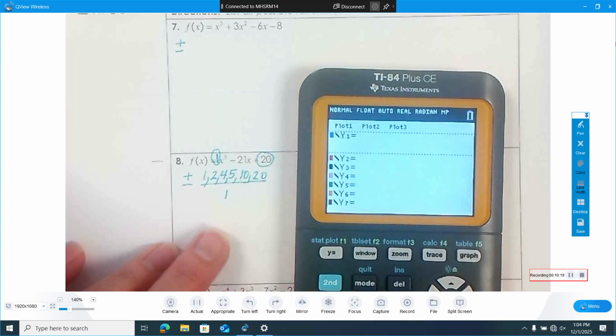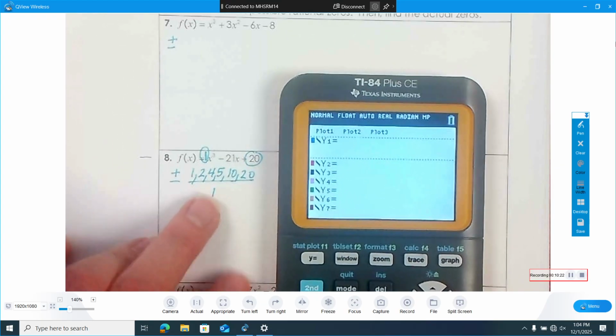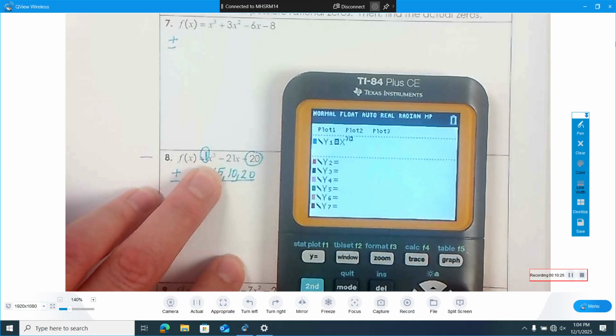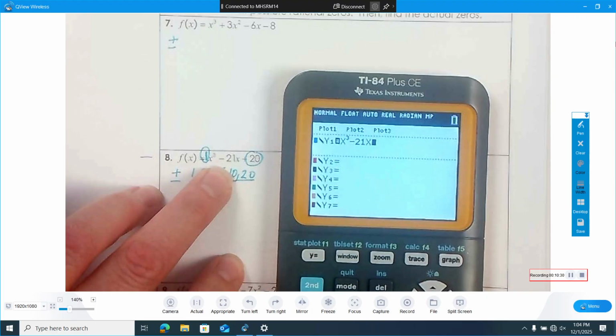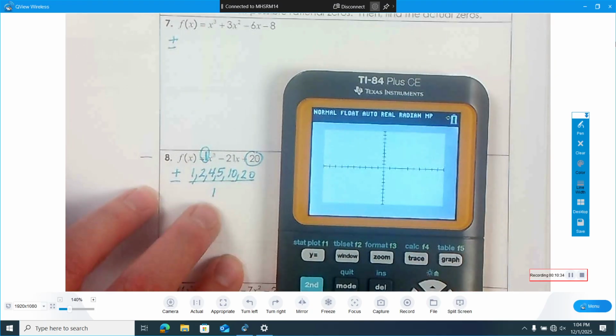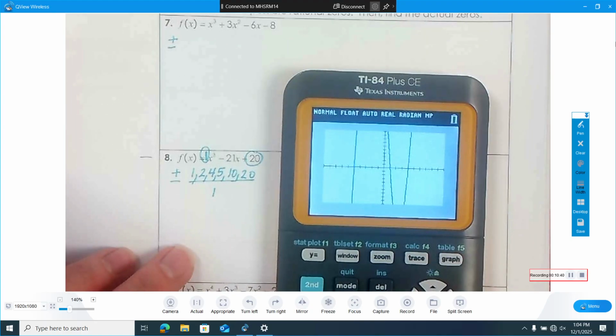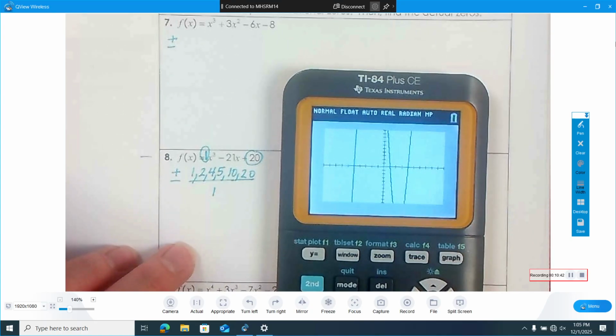Let's go ahead and use our calculator because we have a calculator. So x to the third power minus 21x plus 20. We're going to go ahead and do a Zoom standard. And all I need is 1, ladies and gentlemen. And again, can you cheat?